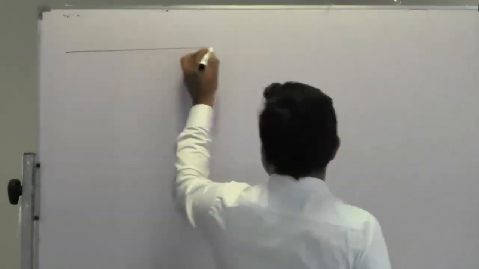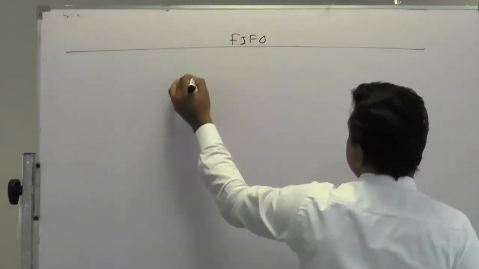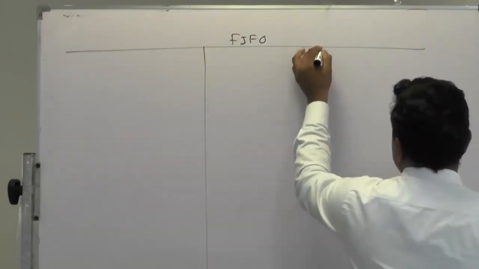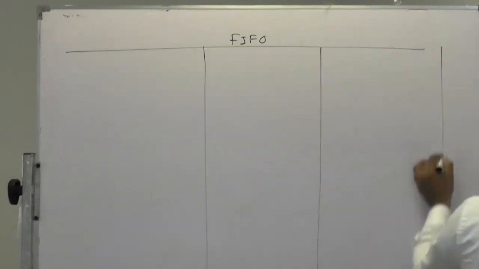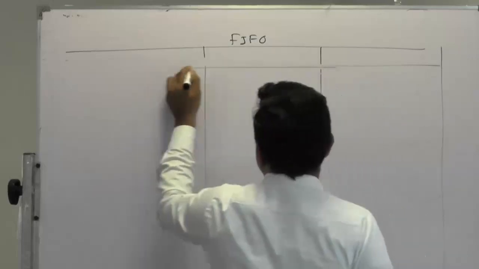You have the question with you, therefore I will use the whiteboard. Now we need to prepare the inventory ledger. We know they are using FIFO. Received, issued, balance. That's how you prepare your inventory ledger.